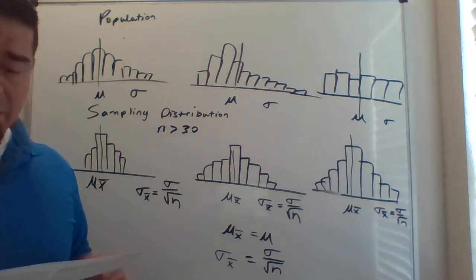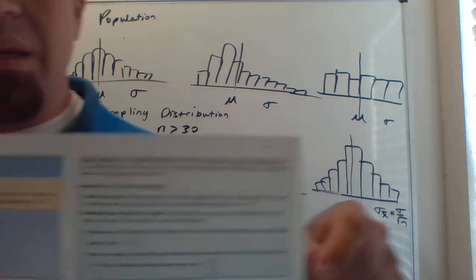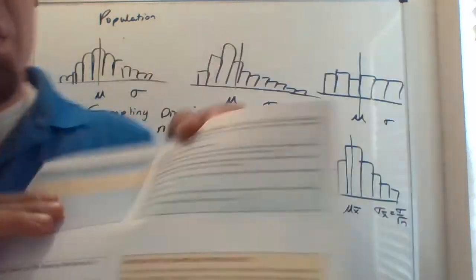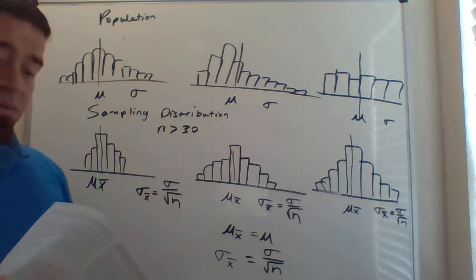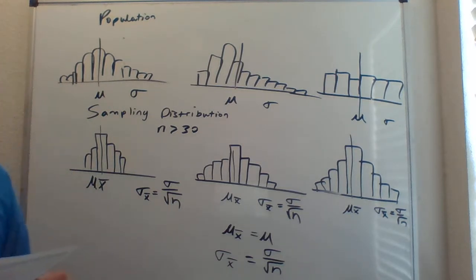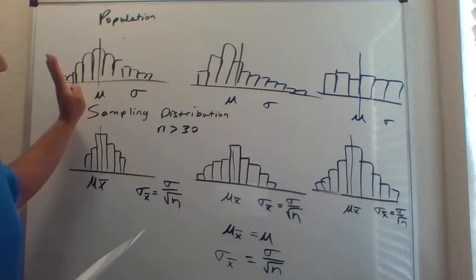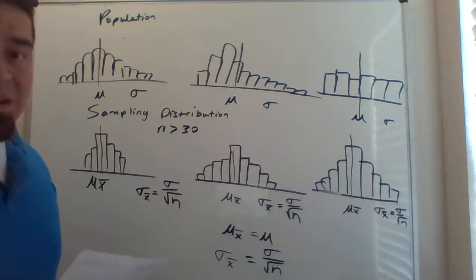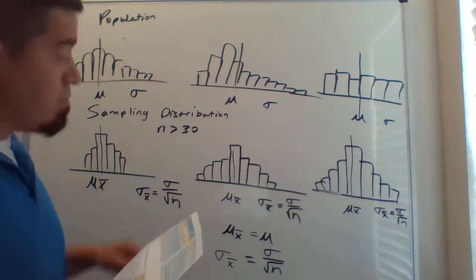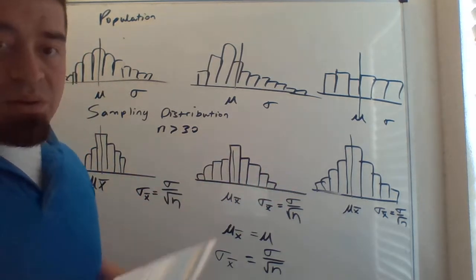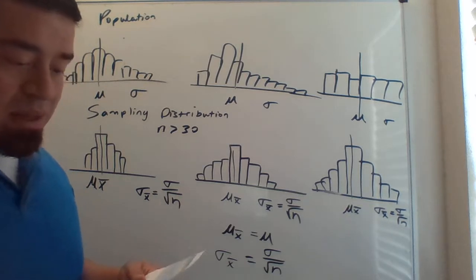Now I'm moving on to the next slide. Okay, what if your original population is not normally distributed and n is less than or equal to 30? If n is greater than 30, you're covered. You're okay. Because of what we've shown here, the sampling distribution will be normally distributed, so we're okay with that.